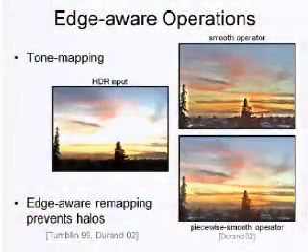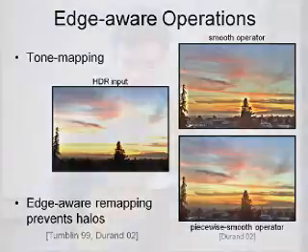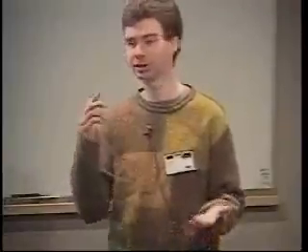Our motivation is that for photography, very often you do operations that are edge-aware. What I mean by this is, for instance, tone mapping, where you have an HDR picture where the intensity range exceeds the capacity of your display. You can apply a smooth tone mapping operator to bring the intensity range back within the capacity of your screen.